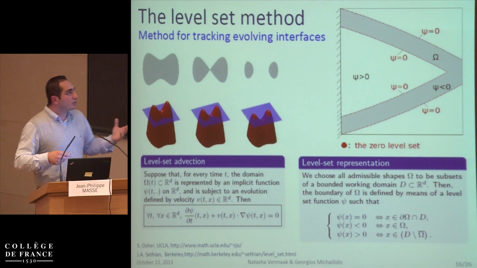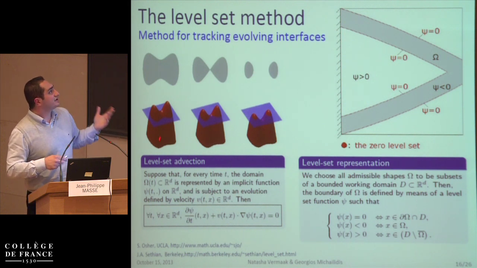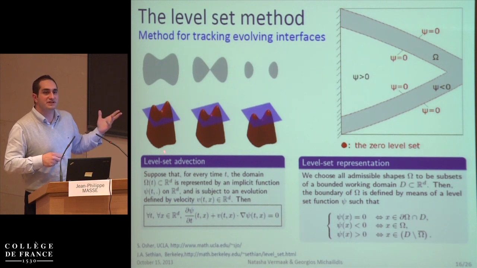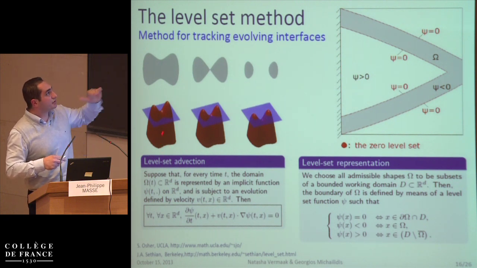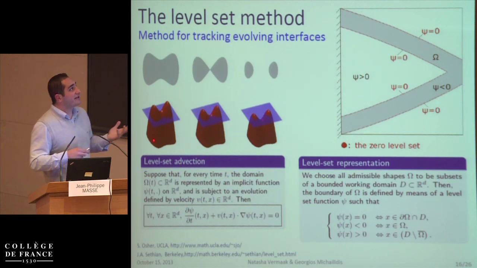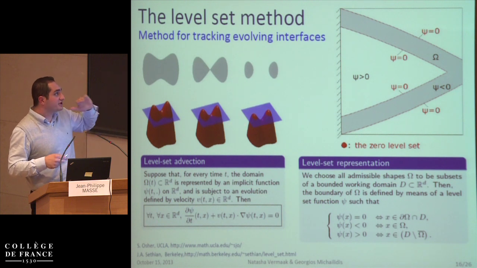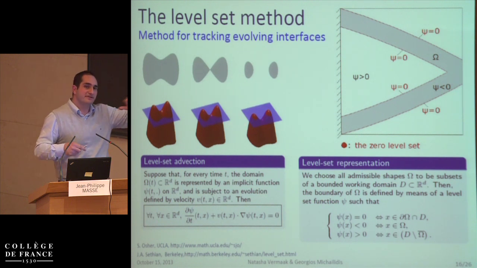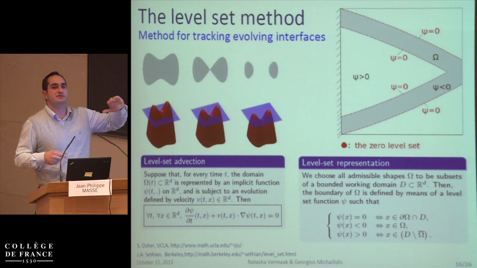So instead, what is easier to do is to use a one-dimension-higher function, a level set function, depicted here in red, and reveal the boundary of the shape as the intersection of this function with the x-y plane, the zero plane. So the same evolution can be described by performing much easier operations on the level set function, considering always that the boundary is revealed as the zero level set of this level set function.